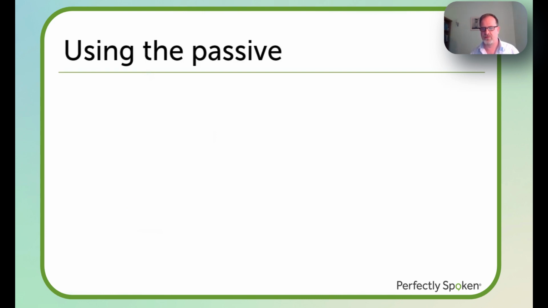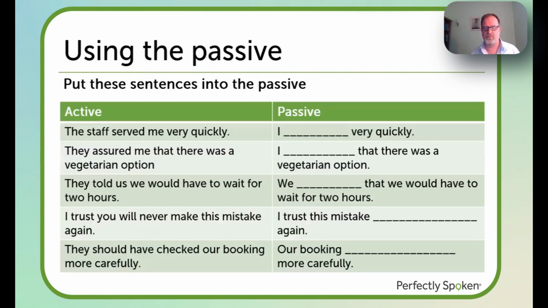So I mentioned that we would prefer to use the passive voice in a piece of formal writing. So let's see if we can put these active sentences on the left into the passive voice on the right. The first one says, "The staff served me very quickly." This is active, the subject is the staff.